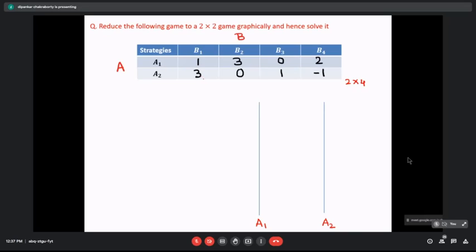Now, what I'm going to do is, on these two vertical lines, I'm going to write down some numbers. How do you write the numbers? The numbers will come from this payoff matrix. I'm going to write down numbers from the minimum of the payoff matrix to the maximum of the payoff matrix. You can see that in this matrix, the minimum element is -1 and the maximum element is 3. So here I'm going to write -1, 0, 1, 2, 3.